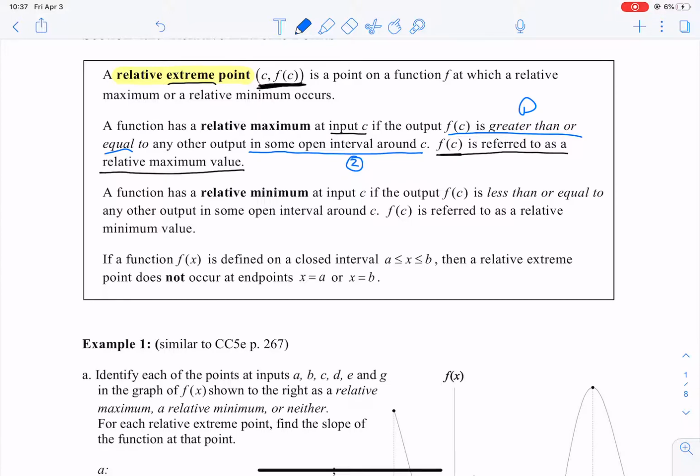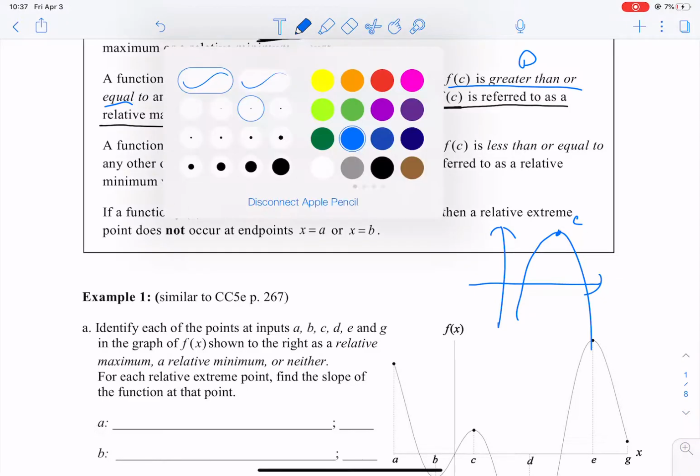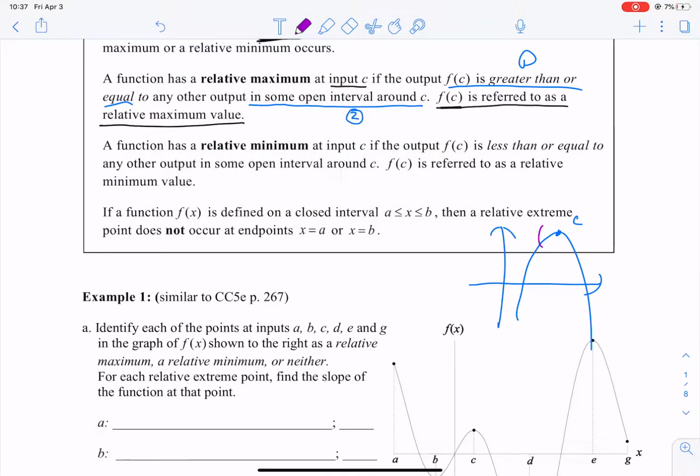So what does this mean? For example, from here we know point c is, of course, a relative maximum point. Then let's check this condition. First, f of c is greater than or equal to any other points around c in an open interval. So that means if you use any open interval from here, for example, the corresponding function values are here and here.